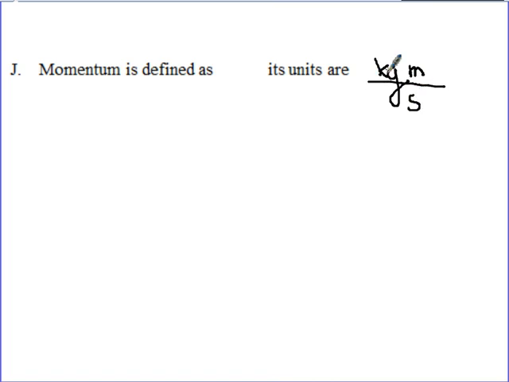So a kilogram meter per second is the unit of momentum, and that is what you're going to have to write. There is no simplification, no name like we did with the force, where we went from a kilogram meter per second squared and we renamed that a Newton. A kilogram meter per second just stays a kilogram meter per second.